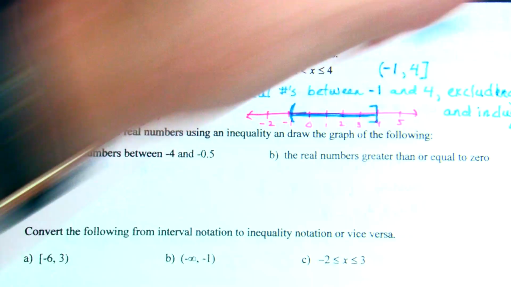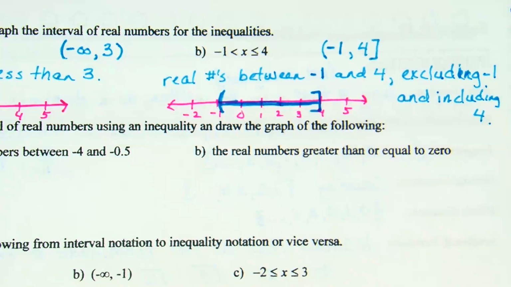So I said all real numbers between -1 and 4, excluding -1 and including 4. If both endpoints were parentheses, you could just say all real numbers between -1 and 4. If both endpoints were brackets, we could say all real numbers between -1 and 4, including the endpoints, or including -1 and 4. So you have to address that.